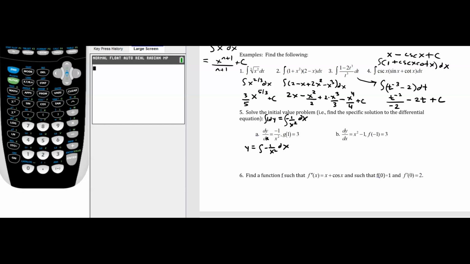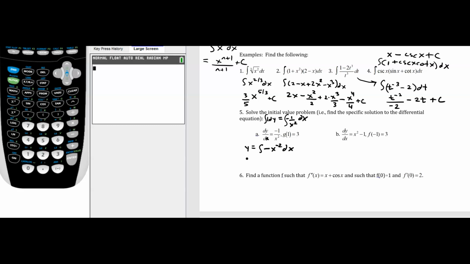And I'm going to save a little bit of space here. Isn't negative 1 over x squared the exact same thing as negative x to the negative 2 dx? You can see I'm saving space, but I'm also trying to write this in a way that allows me to use the power rule.